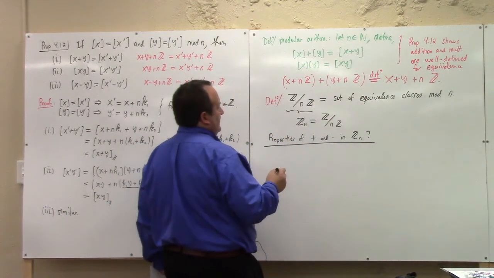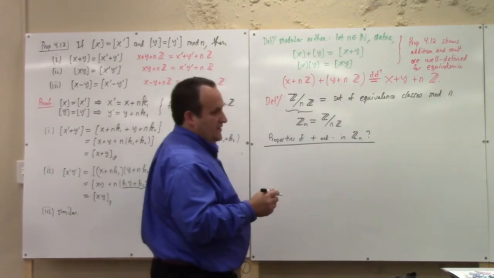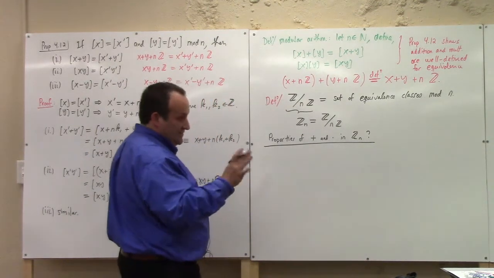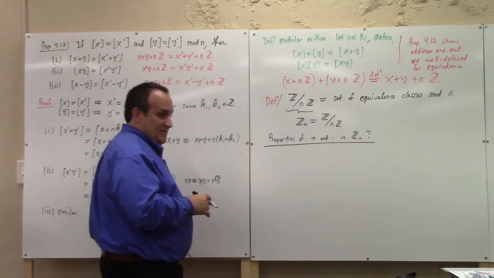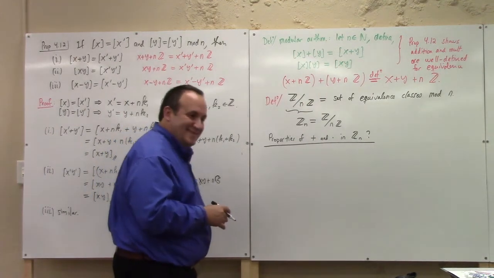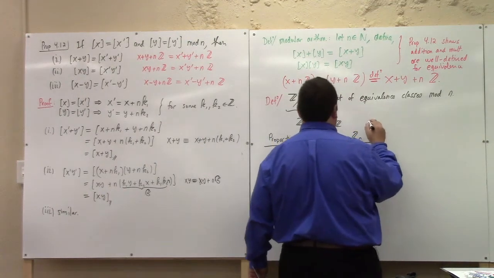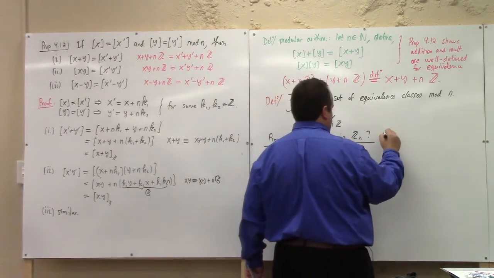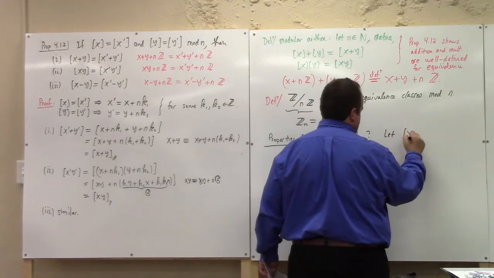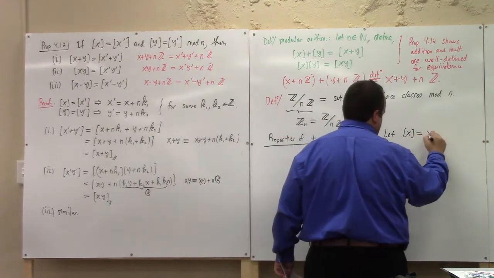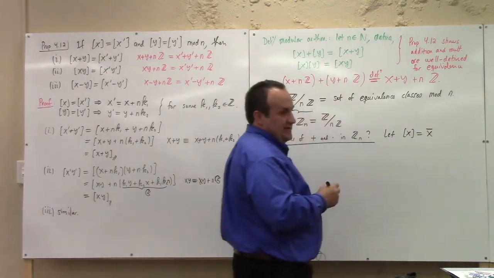Okay, so I'm getting very tired of writing. At this point I'm going to bail on the current cumbersome notation and introduce yet another one. Let the equivalence class containing x just be denoted by x with a bar over it. That's a lot easier to write.